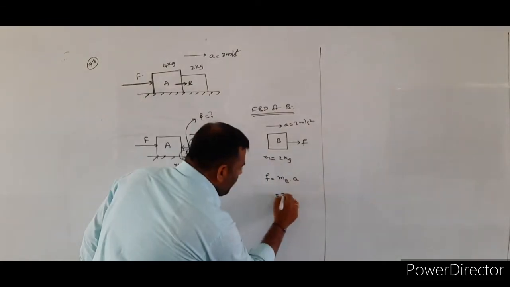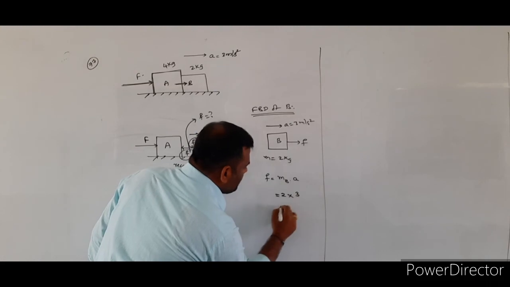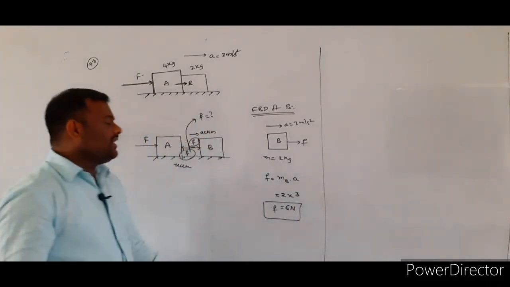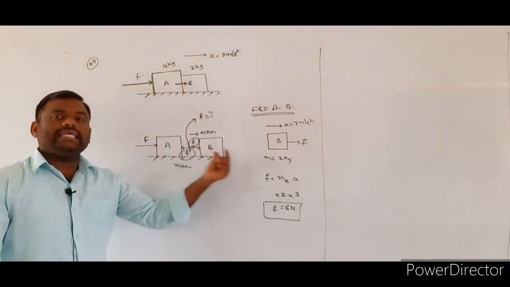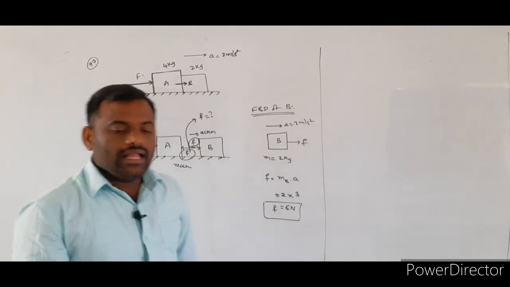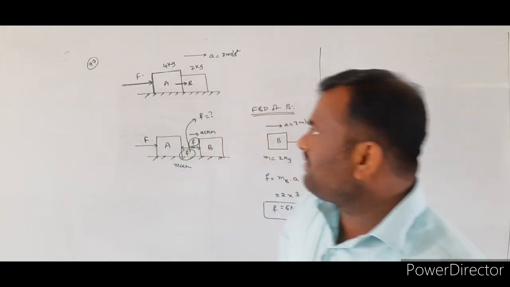What is the mass of the block B? 2 into acceleration value 3, so 6 Newton. This is the required answer. This is the force exerted by the block B on the block A also. So that is the required answer for problem number 77.